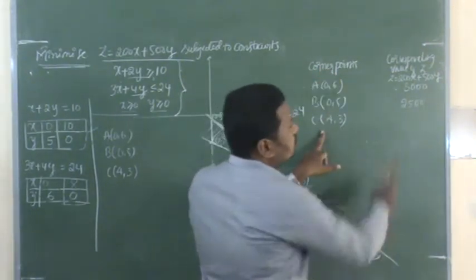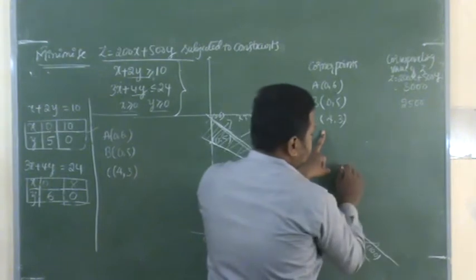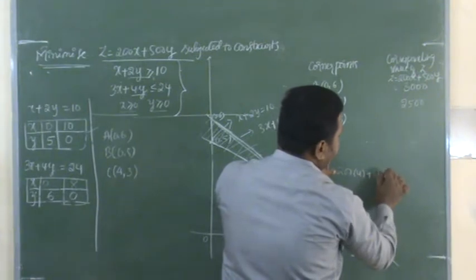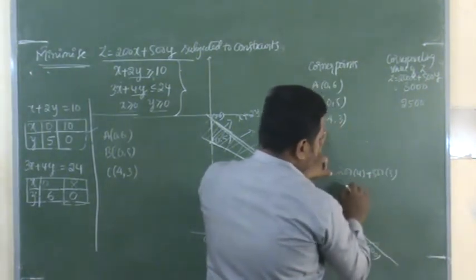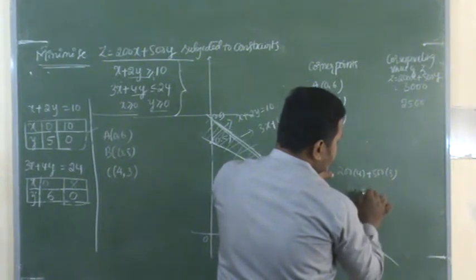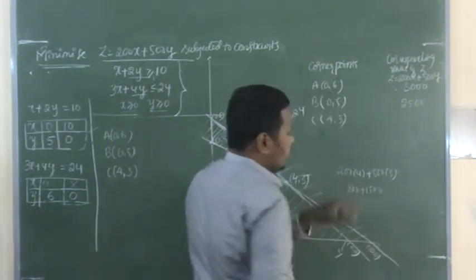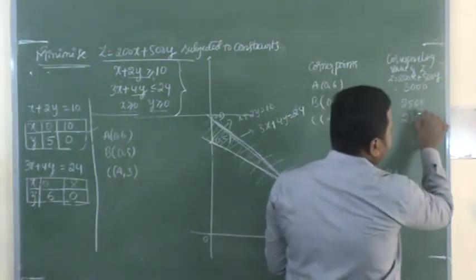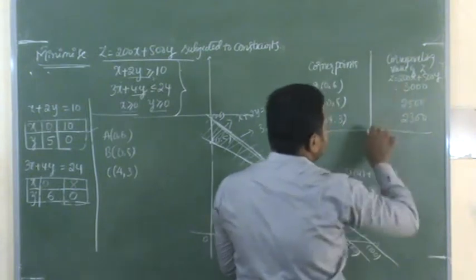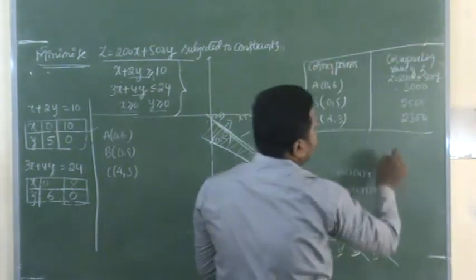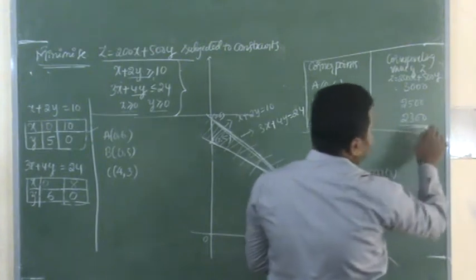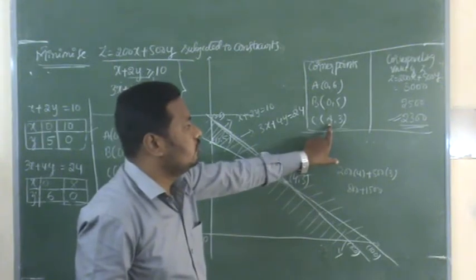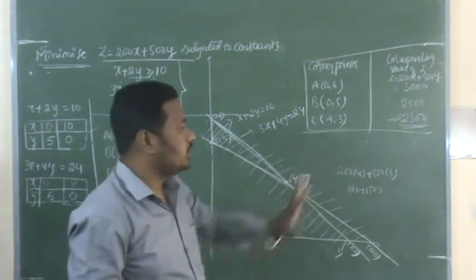For point C, 200 into 4 plus 500 into 3: 2 fours are 8, so 800 plus 1500 is 2300. This is the minimum value, 2300, at the point (4, 3).